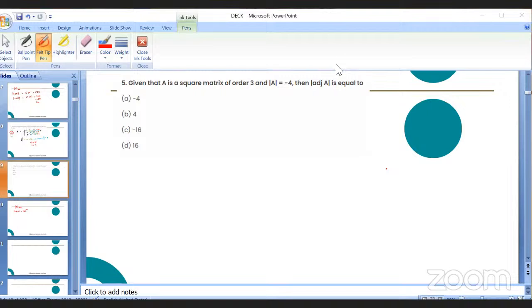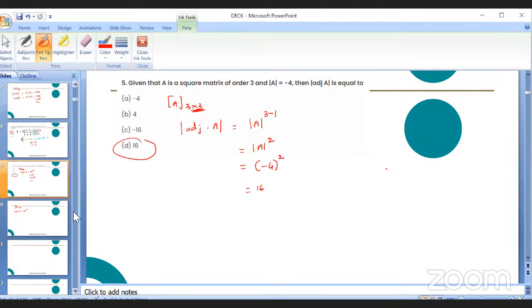Nirmala is wrong. See, A is of order 3 by 3. They are asking you determinant of adjoint A. It will be determinant of A power 3 minus 1, n minus 1. Determinant of A squared. Determinant of A is minus 4. When you square it, it will be 16. So option D is the correct answer.